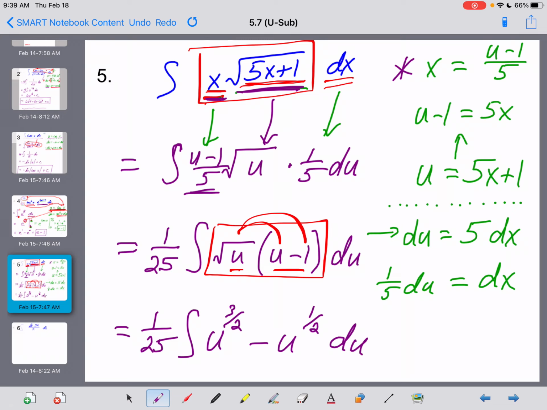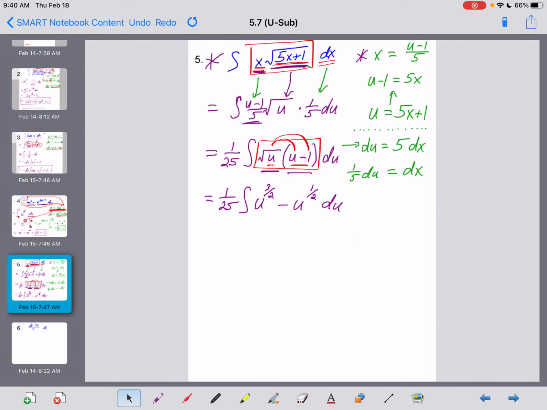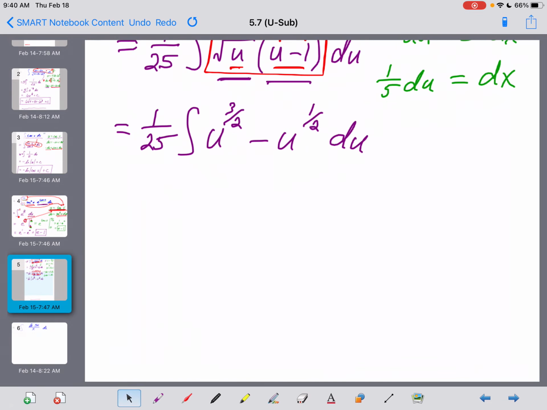Because we had the square root of a monomial multiplied by a binomial, the distributive property was now an option that we did not have right up here. You can't distribute this monomial into the square root of a binomial. That just doesn't work, but we are able to distribute the square root of a monomial into a binomial. Okay, and that's where I want it to be.